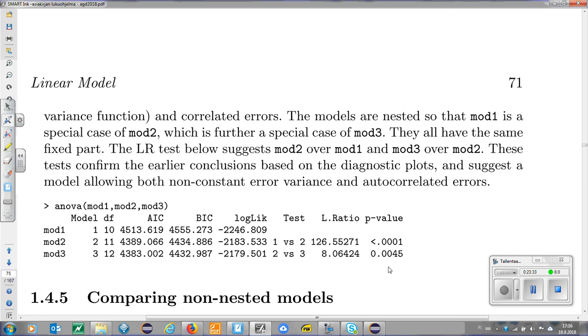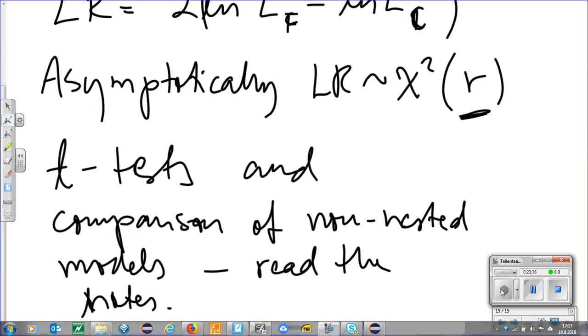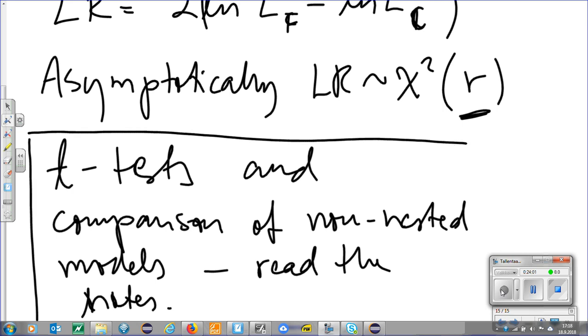Okay, then we could also make t-tests, or we can have a situation where we are comparing non-nested models. So the cases where the null hypothesis is not making a restriction to the model specified by the full model, but we have two alternative models. If you want to learn about those, please read the lecture notes. I just wanted in these lectures about hypothesis tests to give a general idea, because the F-test for regression coefficients is the tool you need in 99% of the cases.